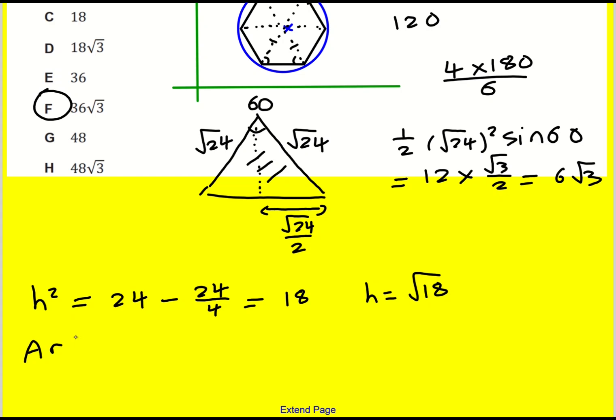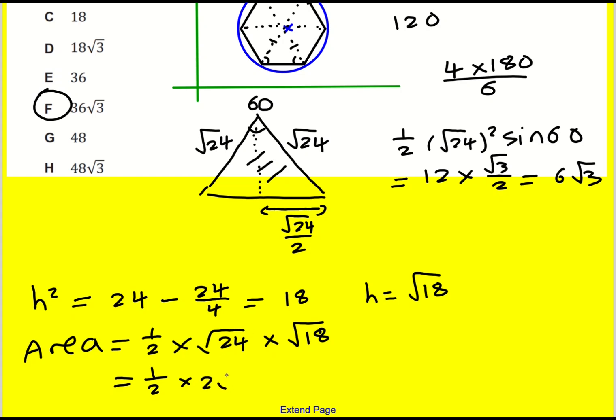And then the area will be a half base times height. I've now worked out the height. So half times root 24 times root 18. Okay, probably best to simplify each of the surds. So I could write this one as 4 times 6, so 2 root 6 times, well, root 18 is going to be 3 root 2.